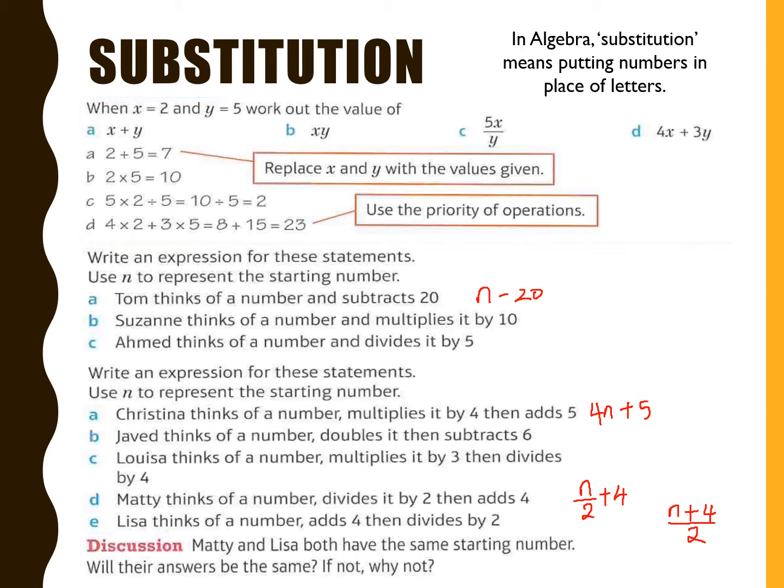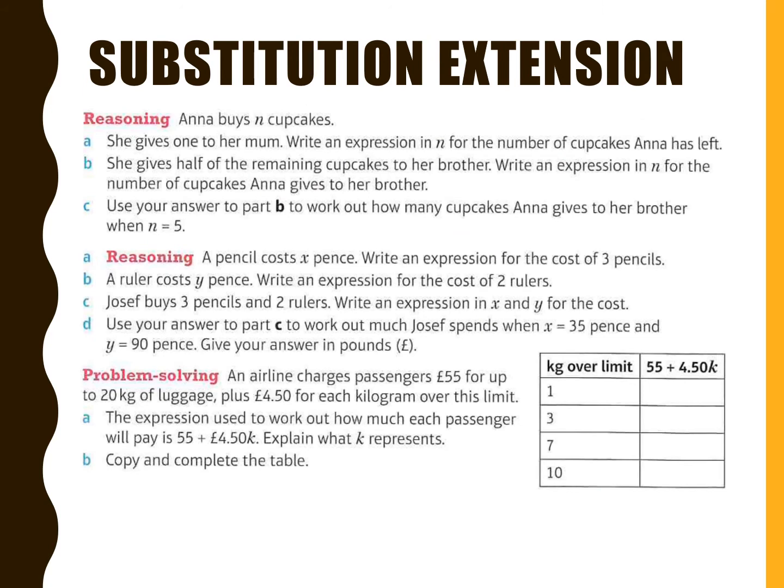So you'd say, no, because if we were to assume n equals 2, then this expression would give us 5, and this expression will give us 3. That's my proof that they will not have the same answer. Okay? I want you to attempt these questions as well. So there's 3 questions: reasoning, and problem solving, and see how you get along.